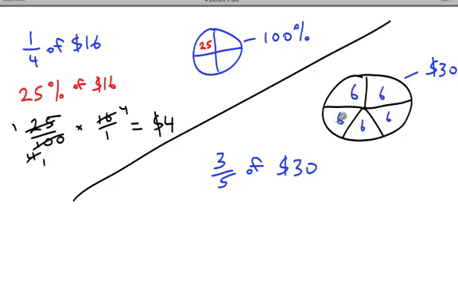Now, the same question asked in the language of percentages would be what? We're talking 3/5. So what's 1/5 as a percentage? If each fifth is 20%, that'll be right. And 3 is 60. So another way of asking the same question would have been, what's 60% of $30?